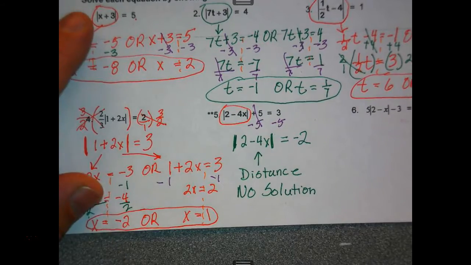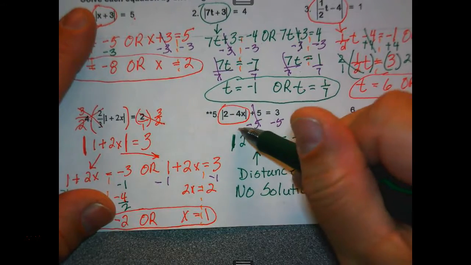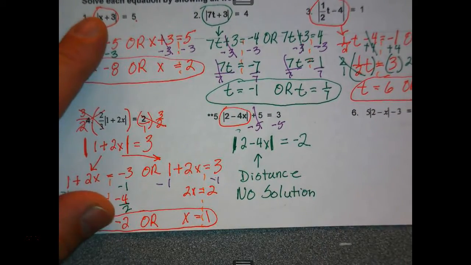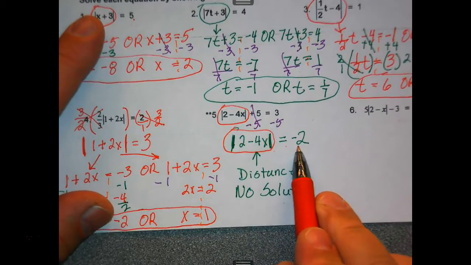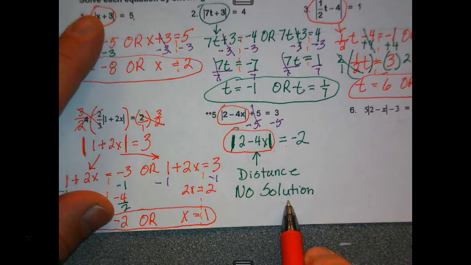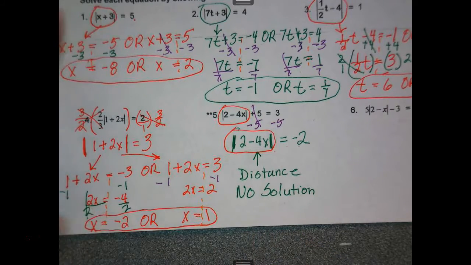When you get the absolute value by itself and it equals a negative number, no solution. If you go ahead and solve this and do all the work to it, guess what? I'll have to mark it wrong. So this is one of those rare situations where doing all the work does not pay off. It's against you.